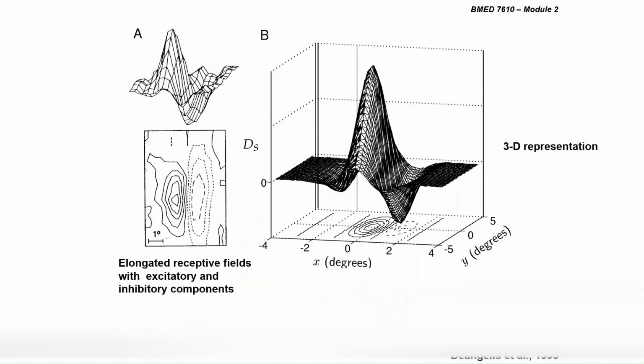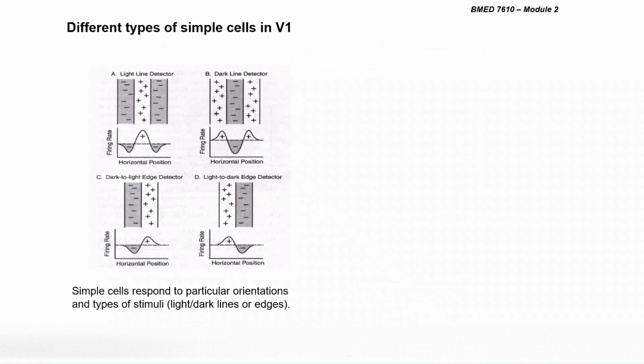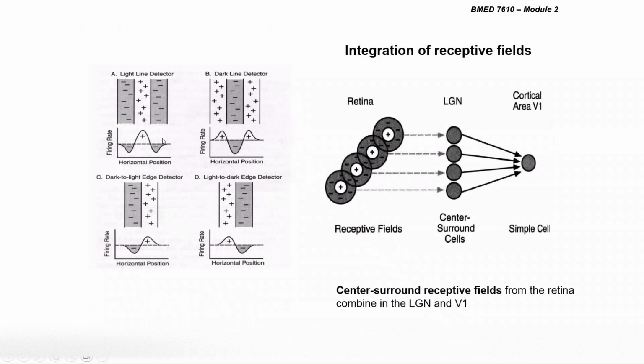What this suggests, given the on and off center that we were talking about, is that in the retina the receptive fields are oriented that way, all connected to the LGN, which then goes to one cell in the cortex.